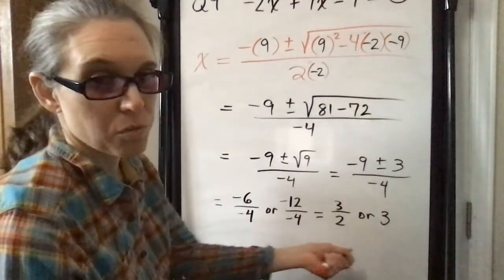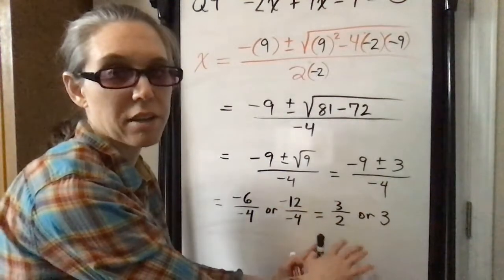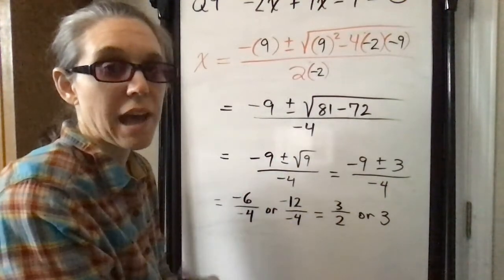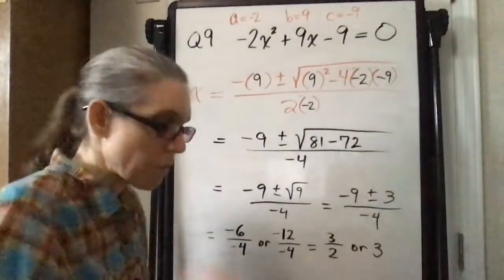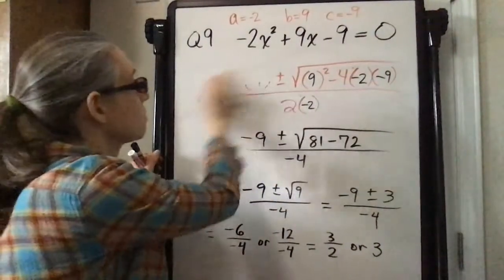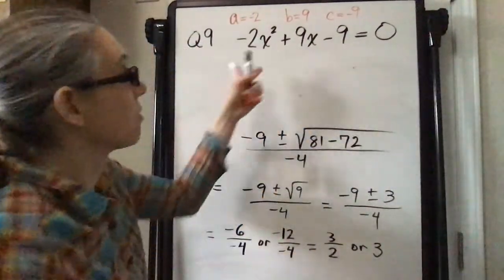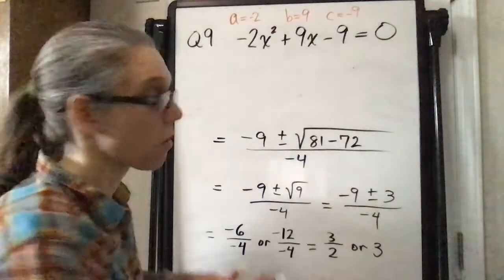So if you end up with rational solutions, solutions that fully simplify down to rational numbers, that means the original equation actually factored. So if I go back to this original one, I can factor this, but in order to factor this, you need to first pull out the negative.